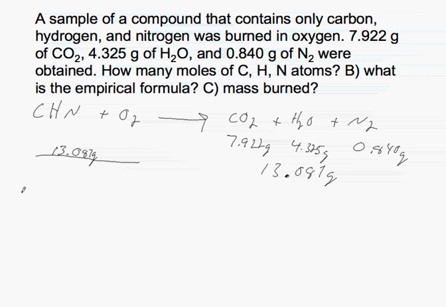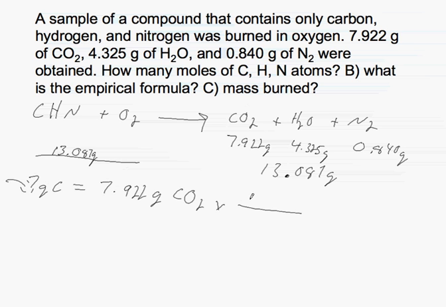So how many grams of carbon? How many grams of carbon is equal to, we're told that we had 7.922 grams of CO2, and in CO2 we have a ratio.